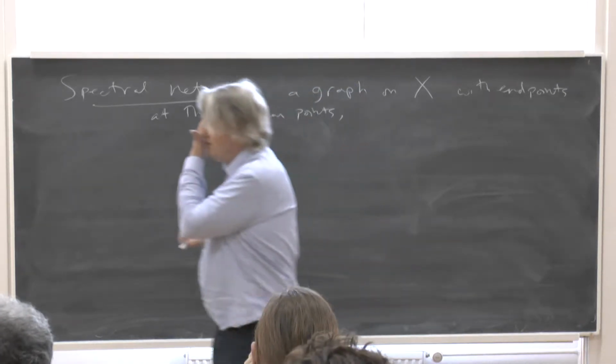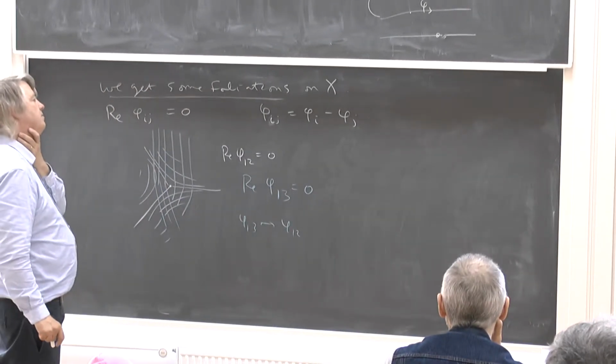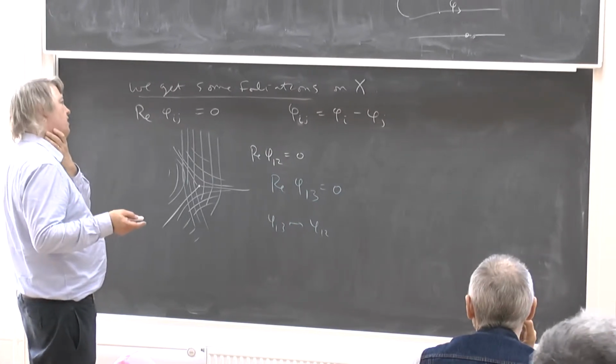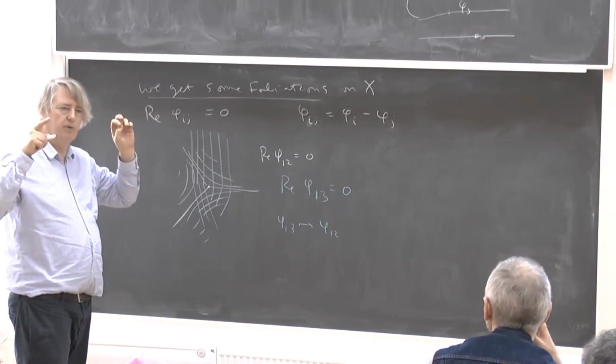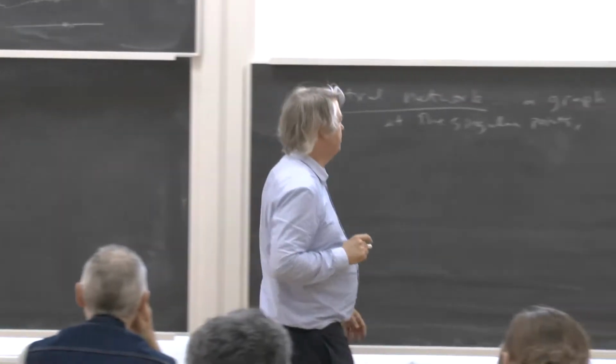Now there are different types of singular points. Here we've drawn a singular point which comes from a ramification of the spectral curve. We'll also be considering in a natural way singular points which are just imposed by ourselves. We impose some boundary points to the problem. Those will count as singular points also.